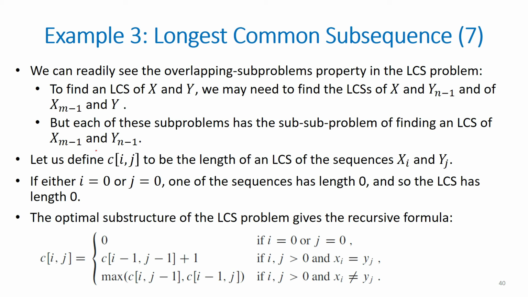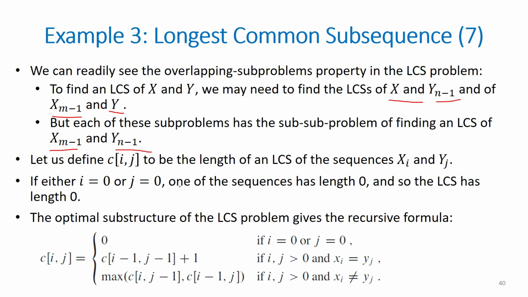This is because to find an LCS of x and y, we need to find the LCSs of x and y_{n-1}, and x_{m-1} and y. These two comparisons, however, involve subproblems that find the LCS of x_{m-1} and y_{n-1}.